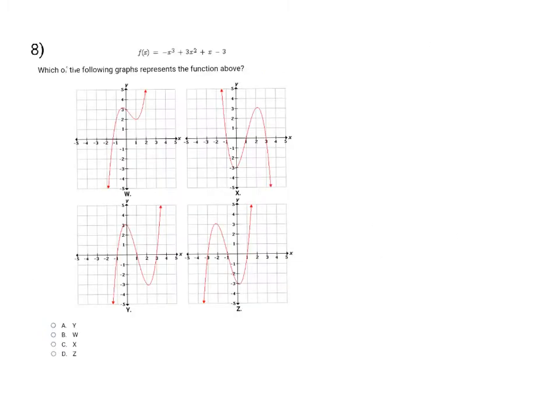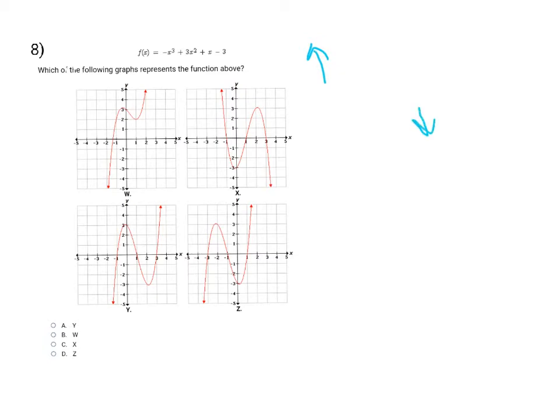Here it wants to know if I give you this equation, then which of these graphs does it match? Well, I look and my leading coefficient is the -1, the coefficient in front of the largest exponent. So since it's negative, that means that it's going to be decreasing in general.